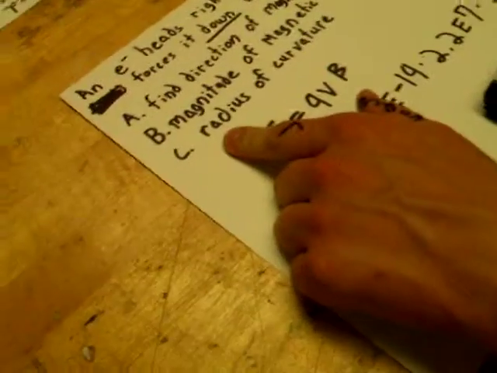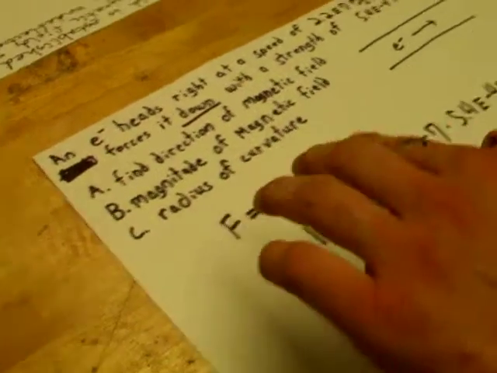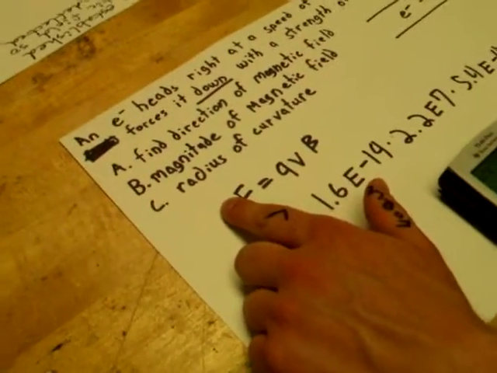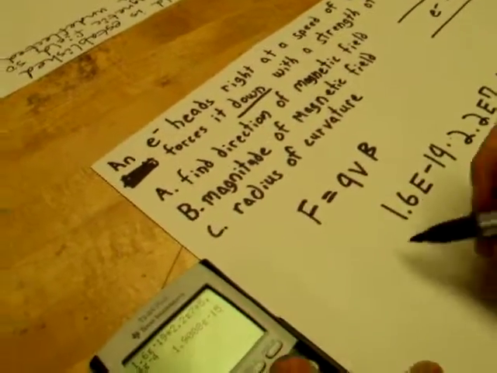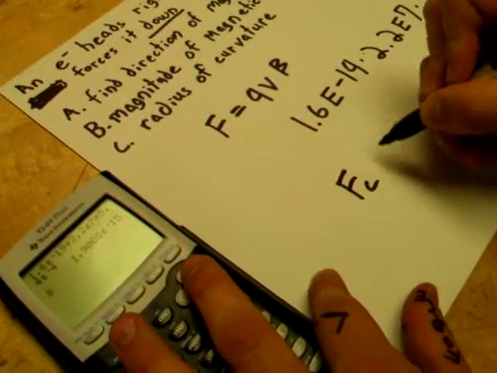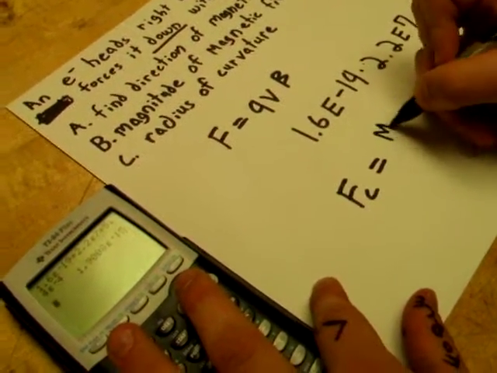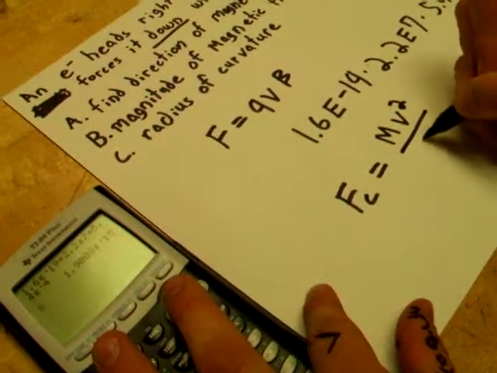Now we're asked to find the radius of curvature. The equation for this is the equation for centripetal force. Force centripetal equals mv squared over r.